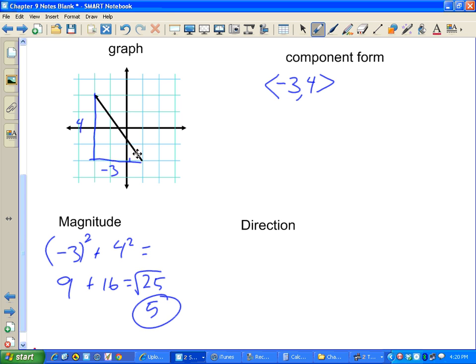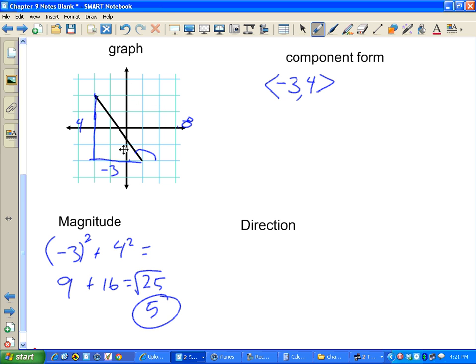Or maybe I want to know what this angle is if I want to keep it standard. So there's different ways to express the direction. If they're just asking what angle does it make with the x-axis, then you really want to know this angle. Just so that we always start kind of at the same point, this is usually 0 degrees, and then we move from there this way.